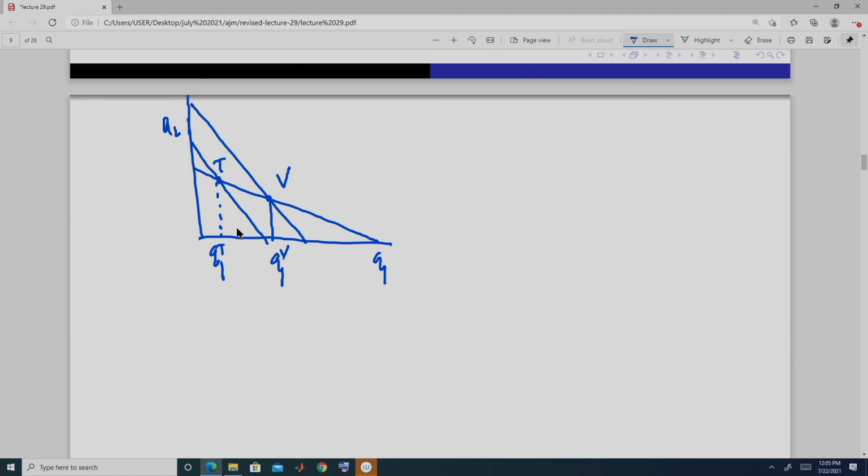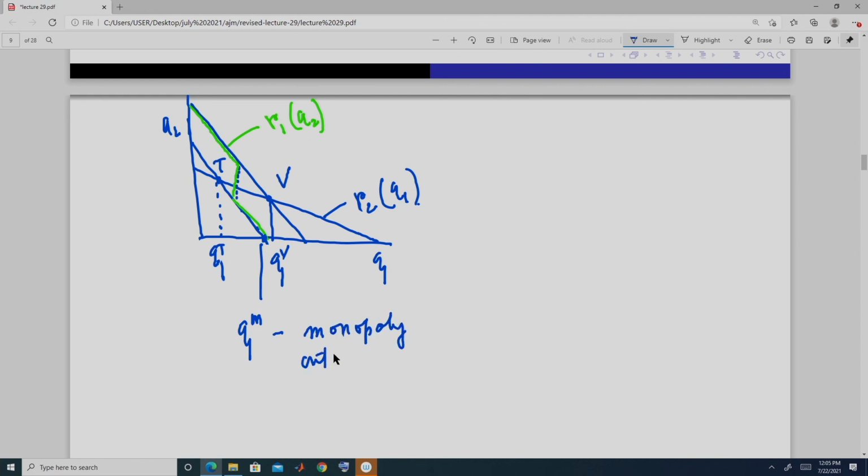Suppose capacity is somewhere here and suppose let us draw the reaction function by this green line. This green line is the reaction function of firm 2 and this is the reaction function. Okay. Now, here this output is Q1M, this is the monopoly output of firm 1.